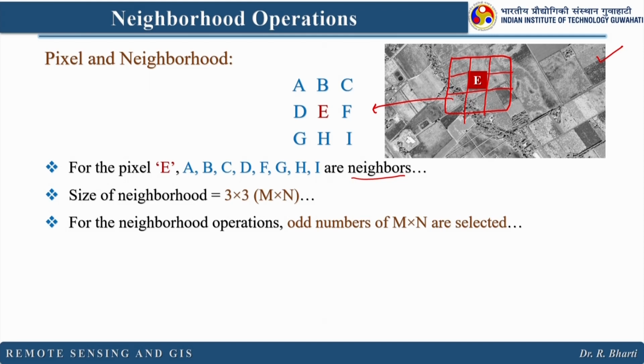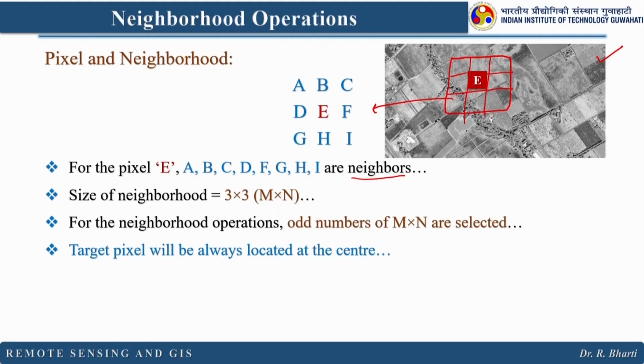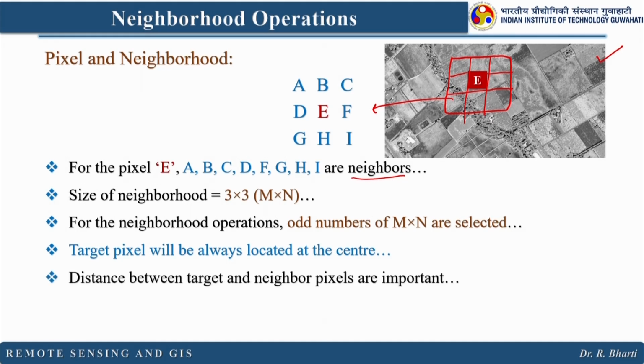If you want to increase this neighborhood size, it will be 3 by 3, 5 by 5 or 7 by 7. So it has to be an odd number. Why? Because your center has to be located at the center. That is the reason. The target pixel will always be located at the center. Distance between target and neighbor pixels is important.